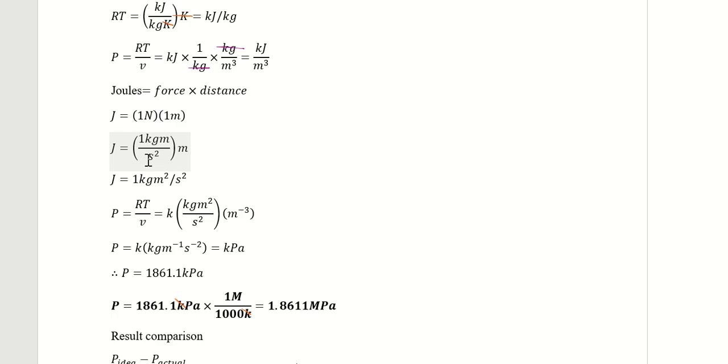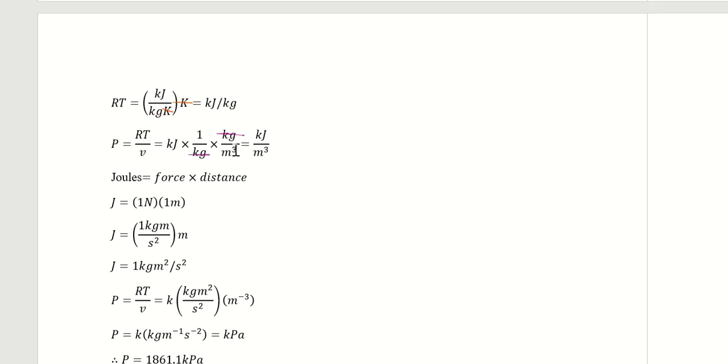Now we divide by area, and the unit of area is meters squared. So we cancel one meter and one of the powers. We have kilogram and second squared and a meter here: kilogram per meter per second squared. And that's a Pascal. So we have kilopascals.